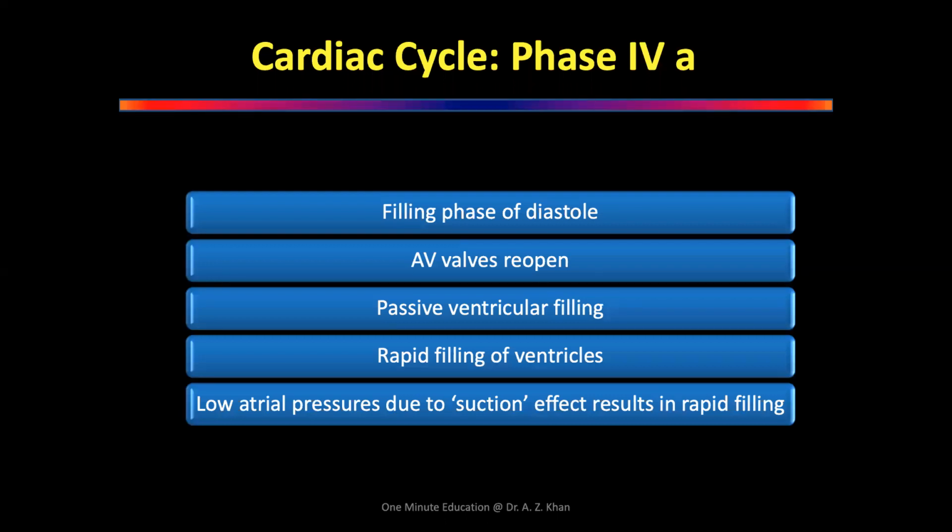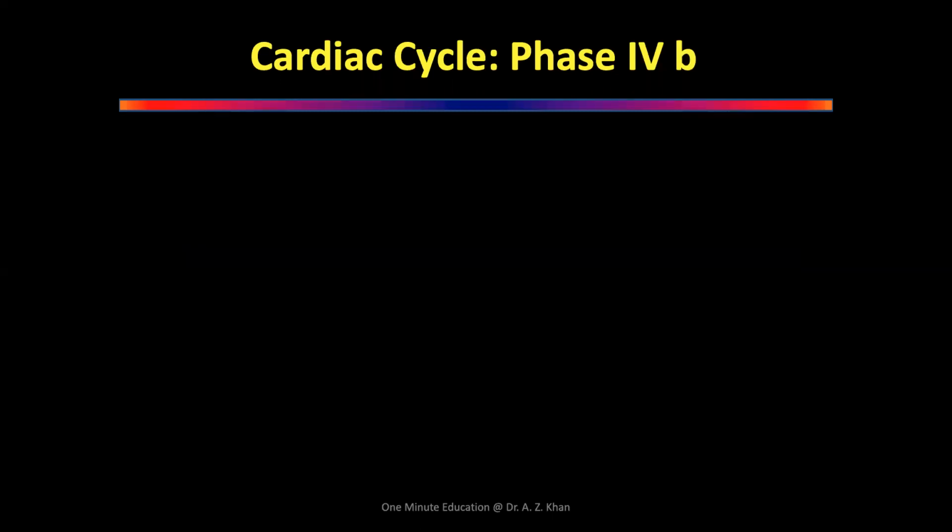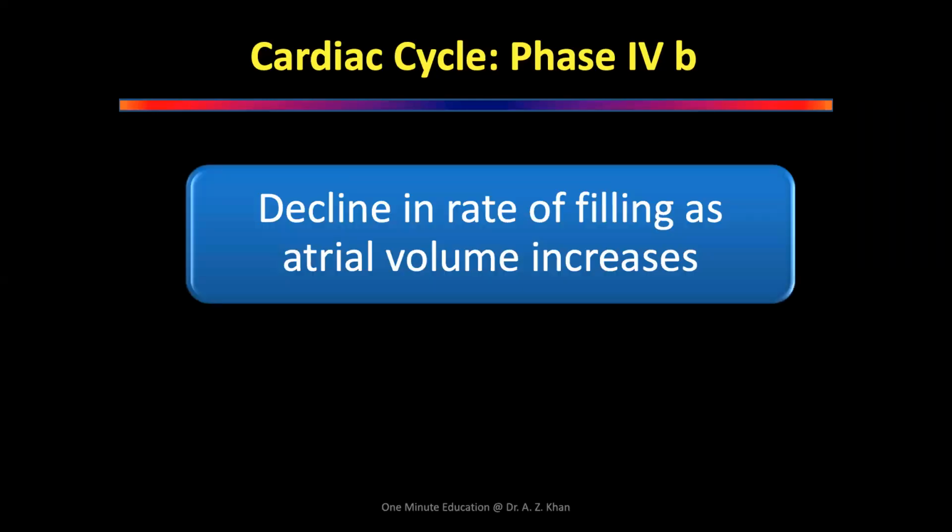Initially, it starts as a slow filling as the valves are opening, and then because the ventricle relaxes, the pressure becomes negative and pulls all the blood out from the atrium across the mitral and tricuspid valve into the ventricle. And this phase is called rapid ventricular filling. The moment rapid ventricular filling starts and it goes through the cycle, you enter into phase 4B.